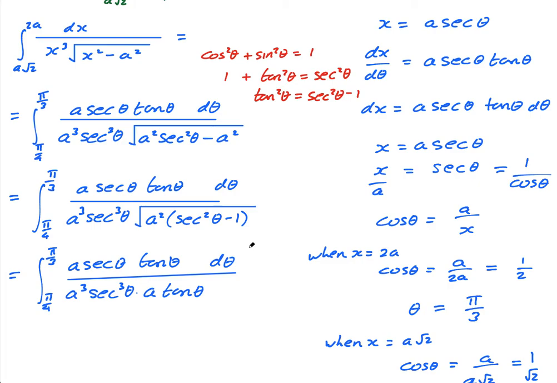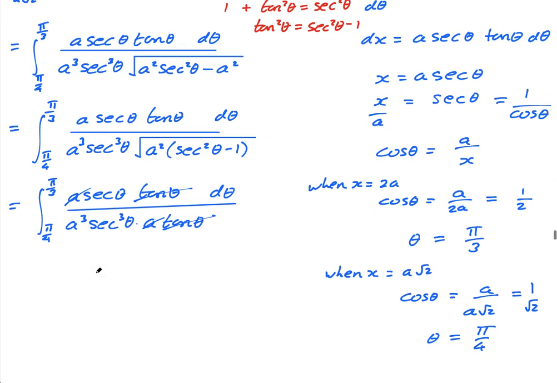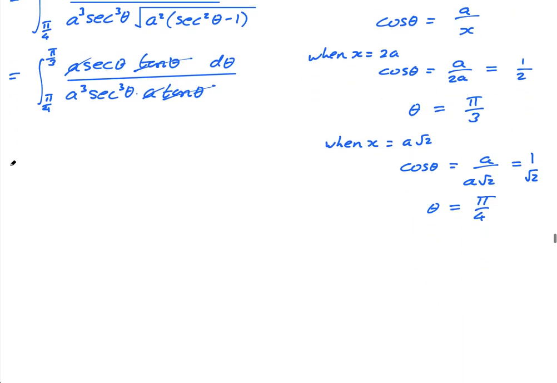Okay, hopefully that step makes sense, because now that cancels with that, and that cancels with that, and I am left with the integral from pi over 4 to pi over 3.